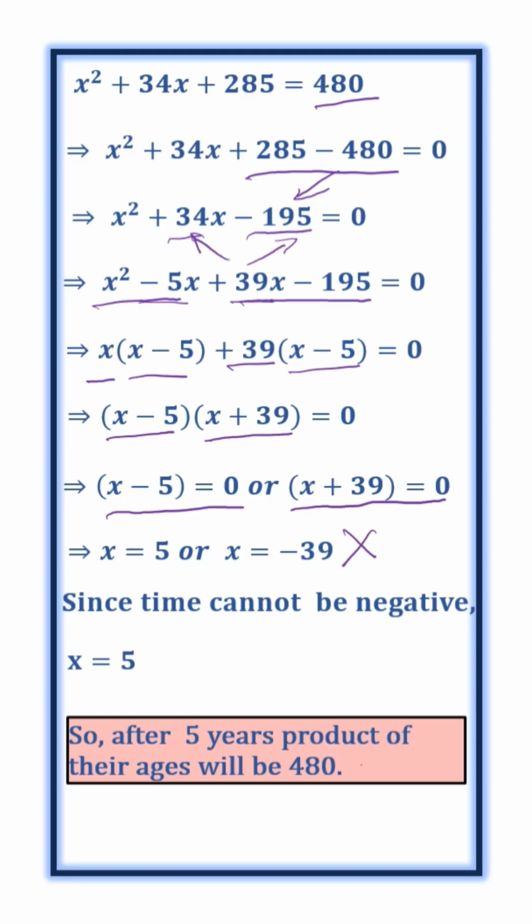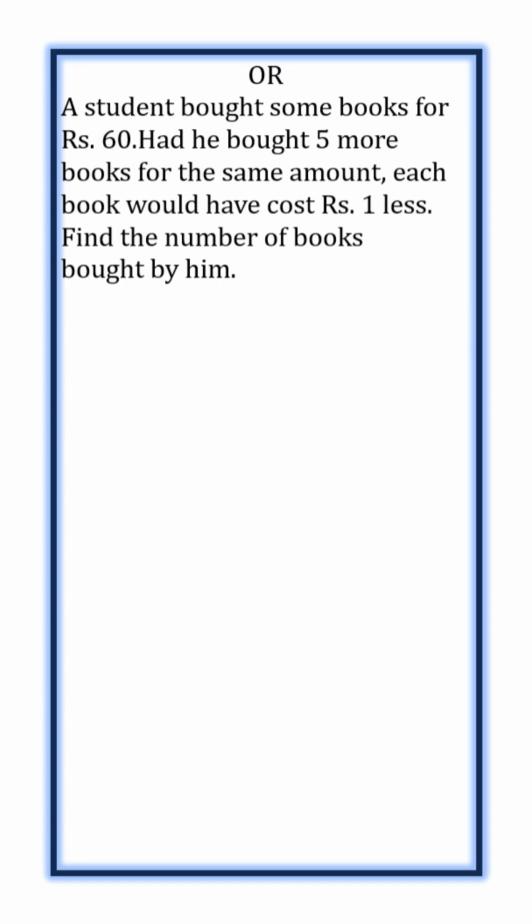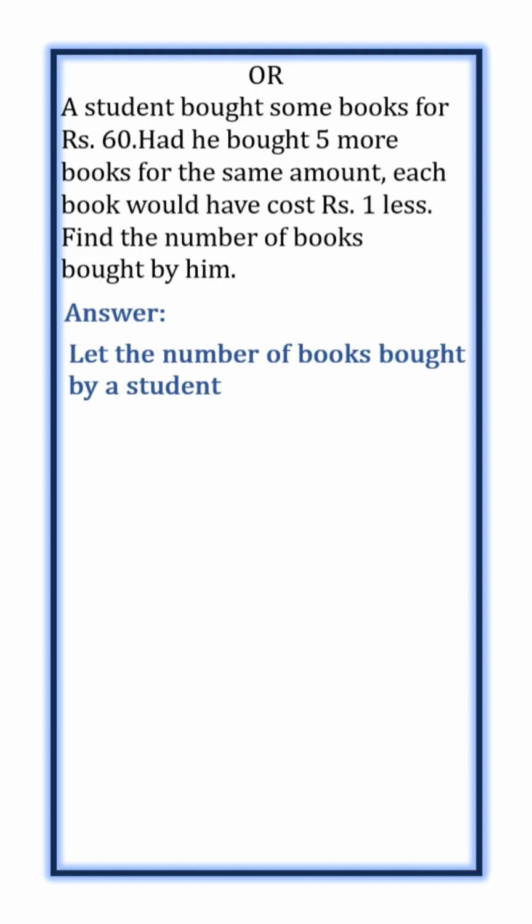Or you can also solve this question. A student bought some books for rupees 60. Had he bought 5 more books for the same amount, each book would have cost rupees 1 less. Find the number of books bought by him. So now let us solve it. Let the number of books bought by the student be x, because we have to find the number of books.